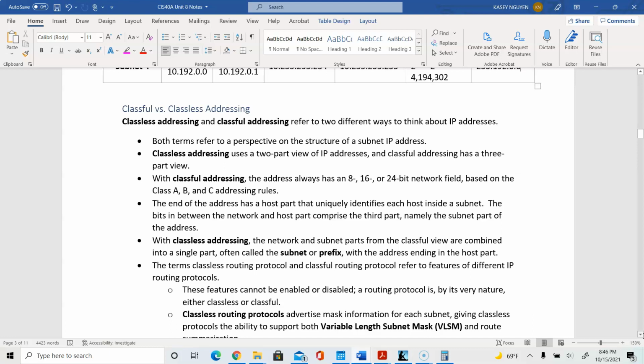It would use the first octet, and then subsequently we would be able to borrow the bits and represent an IP that doesn't belong to any of the classes. It doesn't necessarily belong to A or B. It is a classless address. So here, let's differentiate between classful and classless.